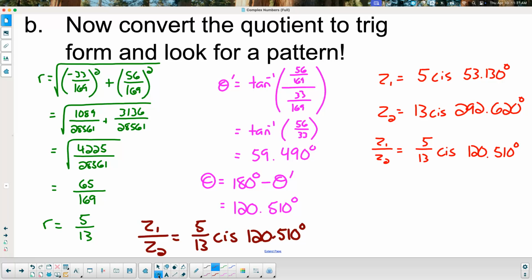Now, if we think about it, multiplication and division are inverse operations, right? So on the multiplication, we multiplied the R values. Here in division, we're dividing the R values. In multiplication, we added the thetas. Here in division, we're subtracting the thetas.